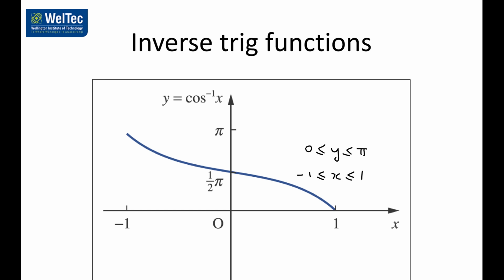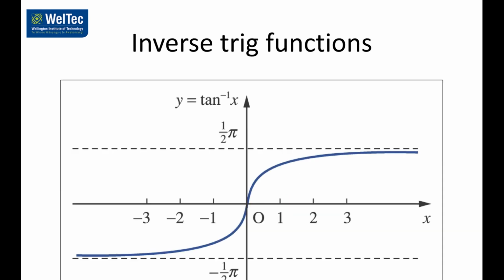So if we're looking up the inverse cos of 0.45, we'll find that it's 1 point something. Similarly, here we need to limit y to be between negative half pi and positive half pi.